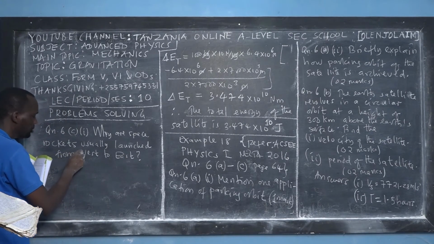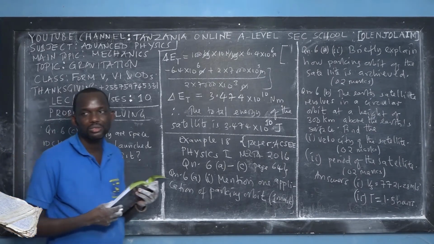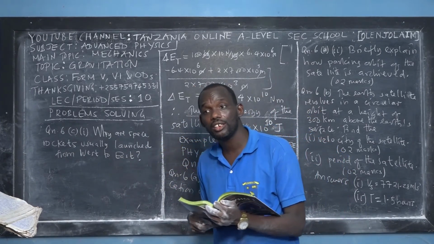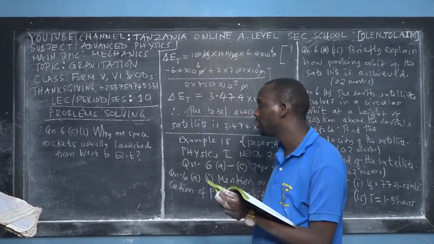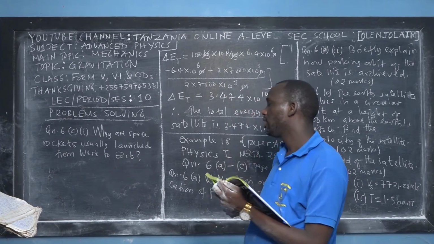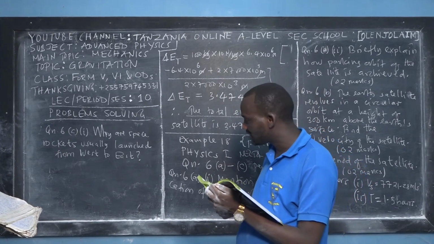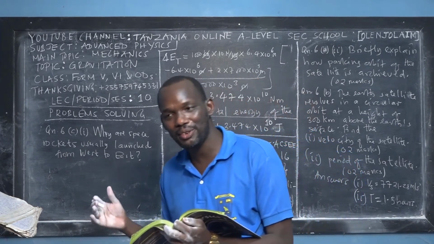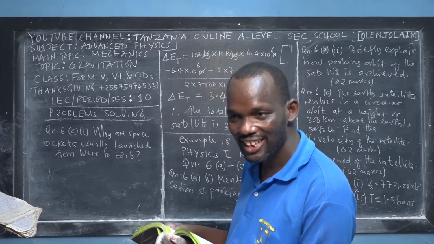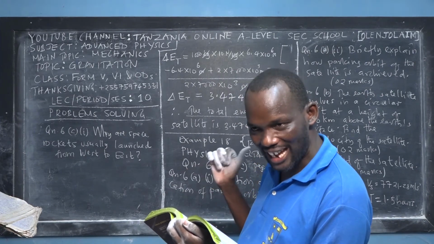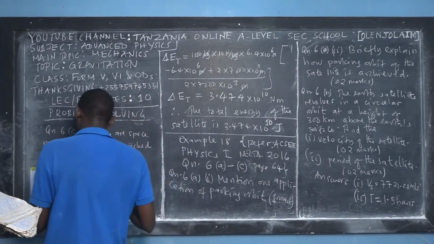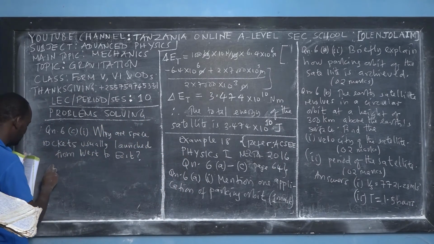You know that I told you this answer. This is one of the conditions of placing satellites in the parking orbit. For geostationary satellites, we say that they should orbit the Earth from west to east. Why? In order to have the same period of revolution as the Earth's rotation about its own axis. So that's the explanation testing you about what I told you. You have the material to answer that question.